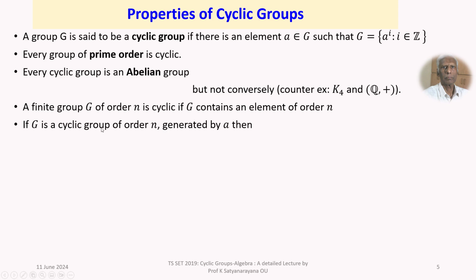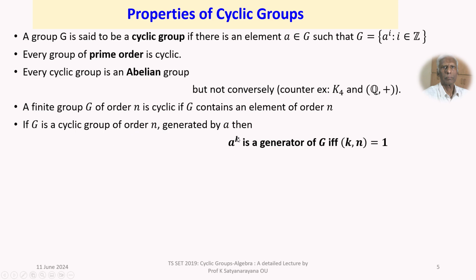If G is a cyclic group of order n generated by an element a, then a^k is a generator of G if and only if the GCD of k and n is 1. So you have a cyclic group G of order n generated by a.